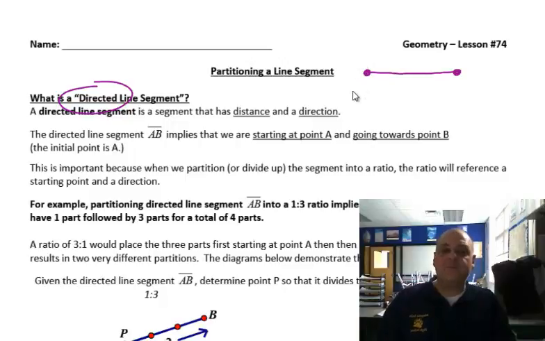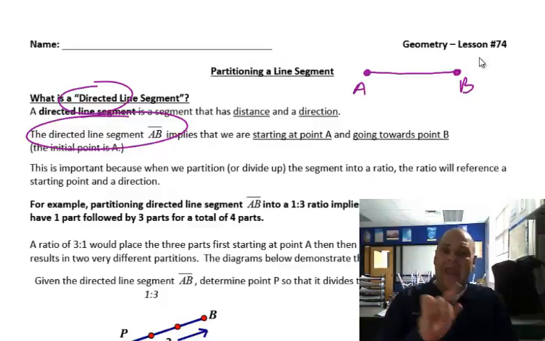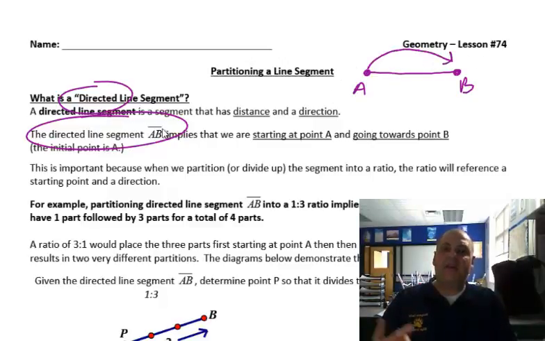So if I say directed line segment AB, that would be this, going from A to B. If I say directed line segment BA, that means going from B to A. The reason that's going to be important is because we're going to partition line segments in a ratio.